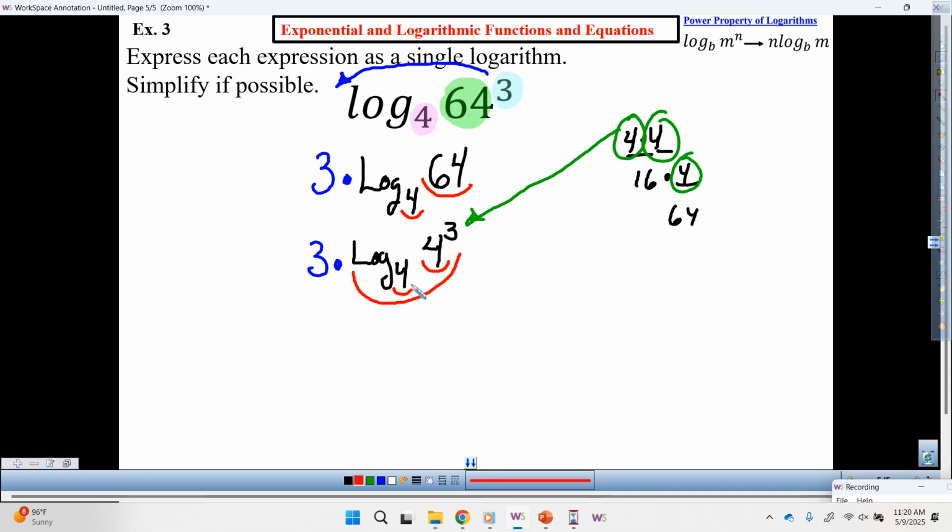If the base of the log is the same as the base of the number and the number has an exponent, what do I write here? Help him out, Kelly. If the base of the log is the same as the given number and the given number has an exponent, what do I write here?